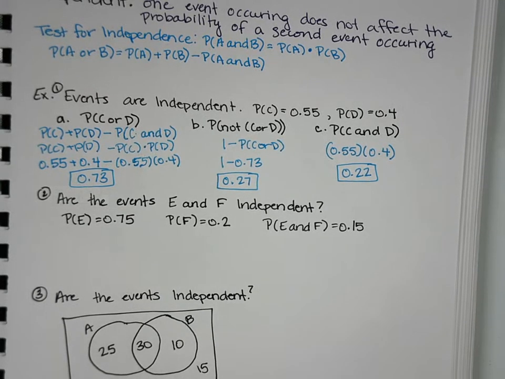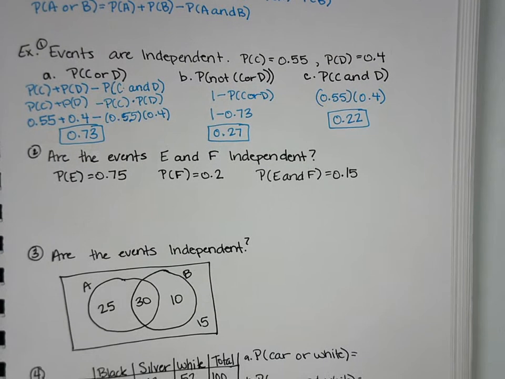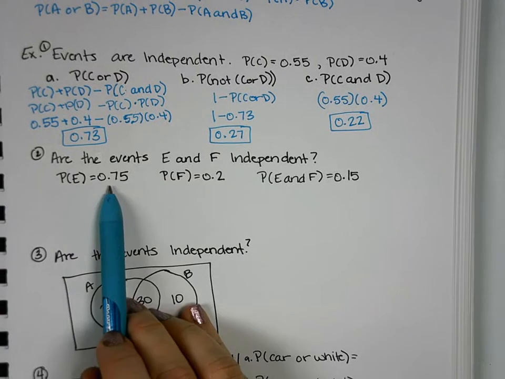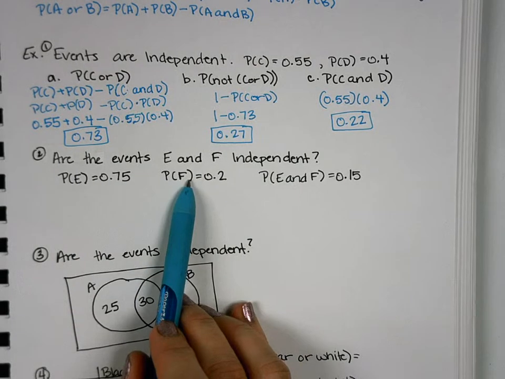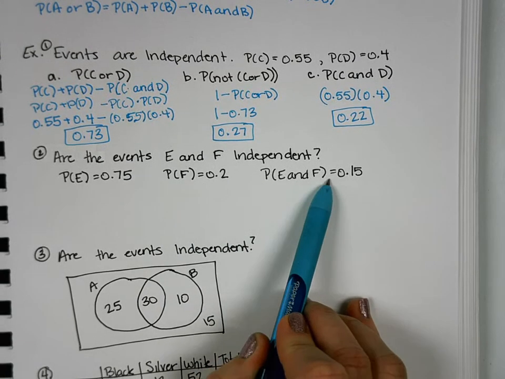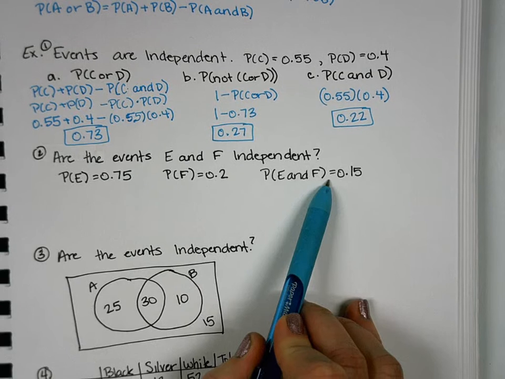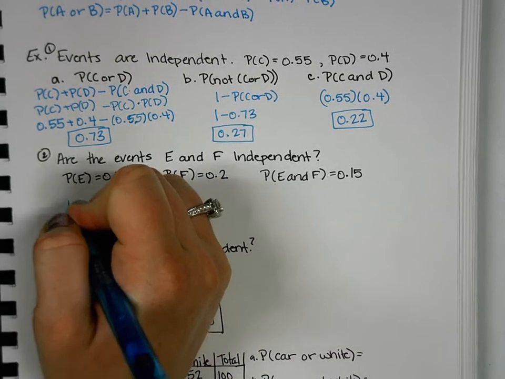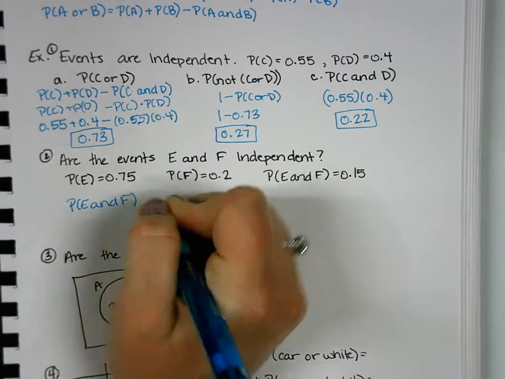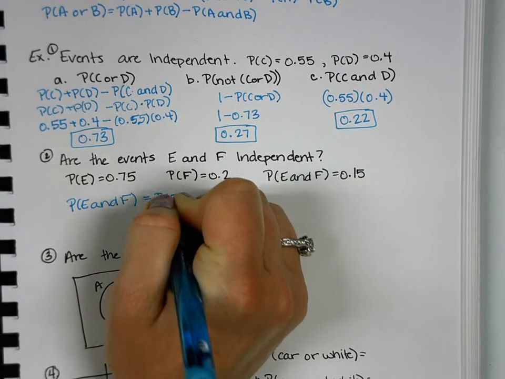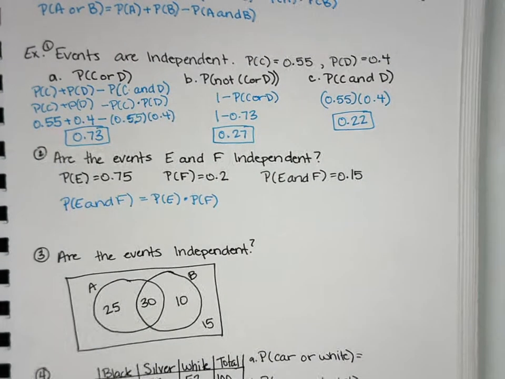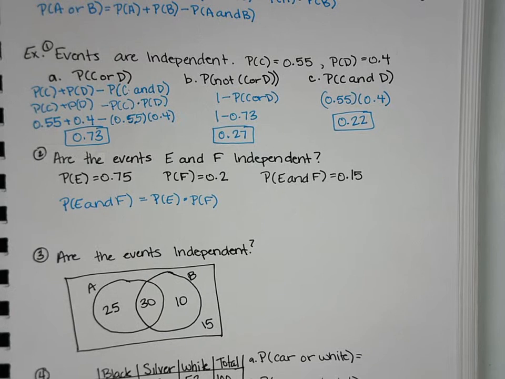Okay, so then number 2, we're going to practice our test for independence. Here it tells us the probability of E, the probability of F, and the probability of E and F together. Our test for independence says that the probability of E and F together should equal the probability of E times the probability of F. So we're going to plug in our numbers and see if it's actually true or not.